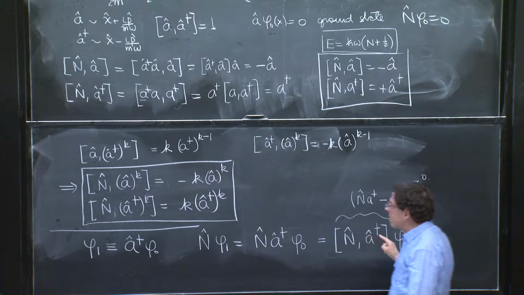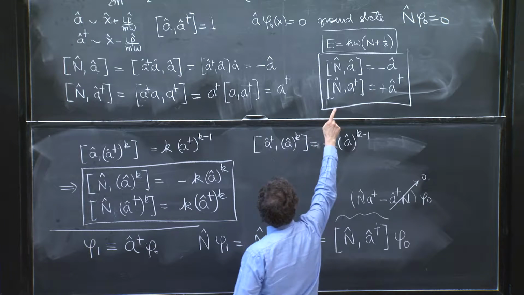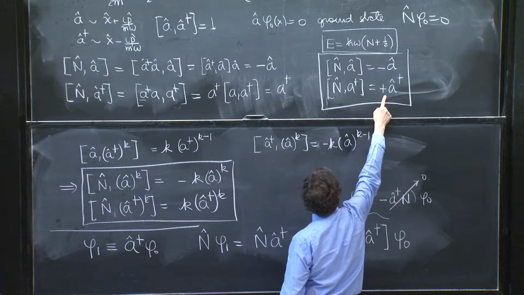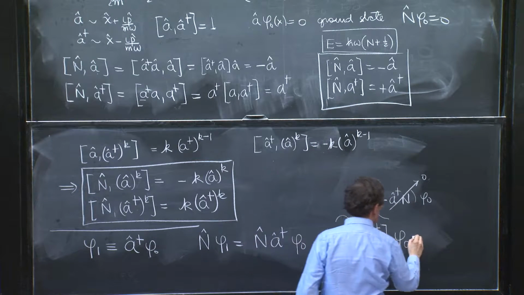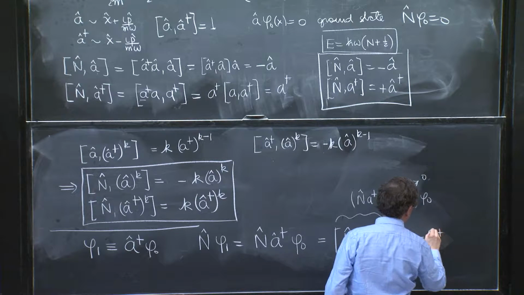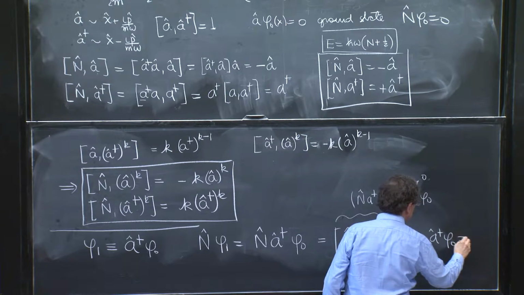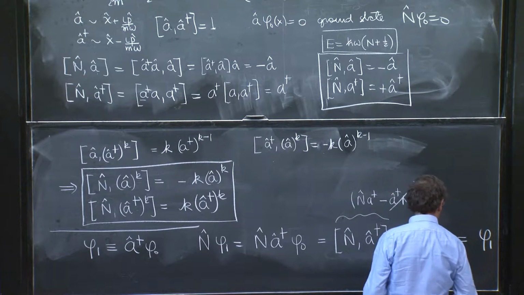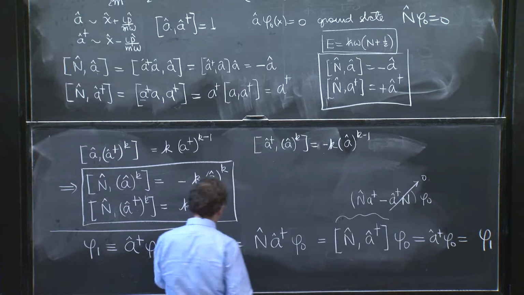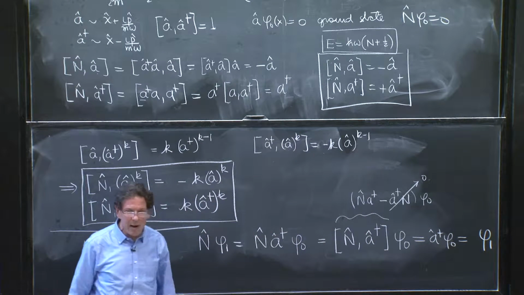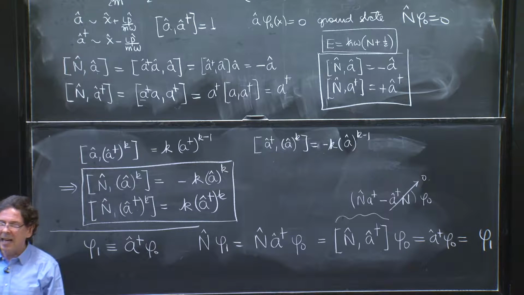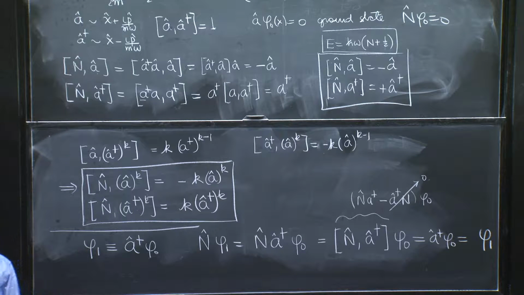And now this commutator is already known. That's why we computed it. It's just a dagger, so this is a dagger phi 0, and that's what we call phi 1. So n hat on phi 1 is phi 1. N hat has eigenvalue 1 on phi 1.